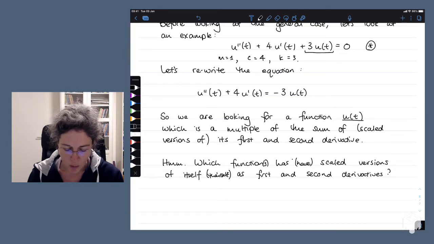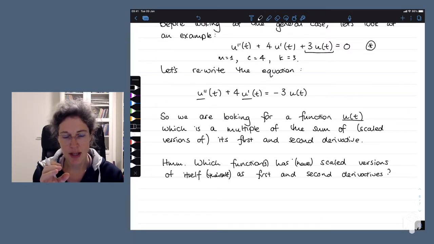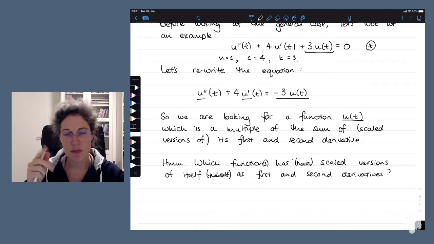Well, we need to have that when we take its first and second derivatives and add them together, suitably scaled, we end up with some multiple of the original function that we had. So we're looking for a function whose derivatives obviously have to be almost exactly the same as it, maybe with a factor in front, but basically they have to be the same.